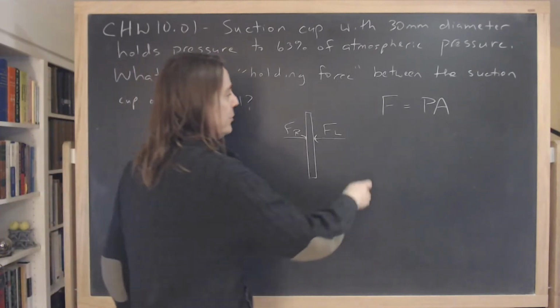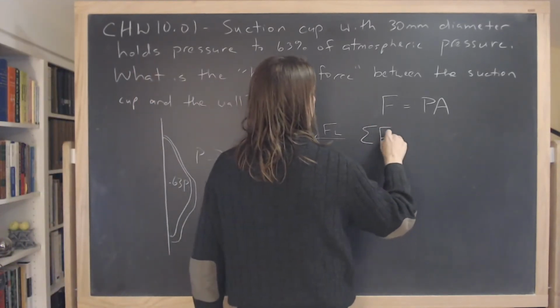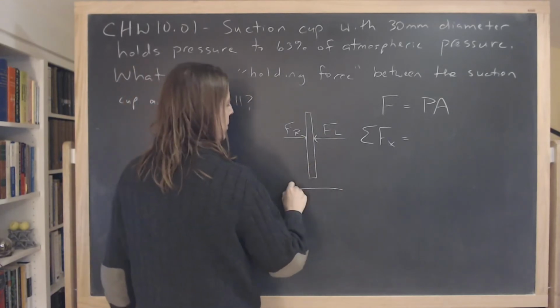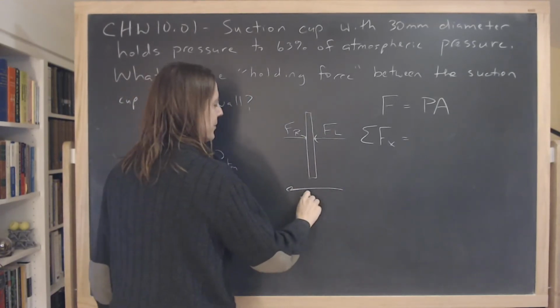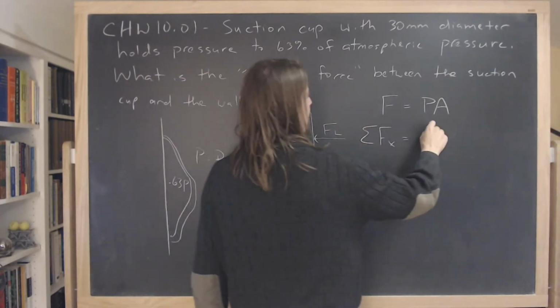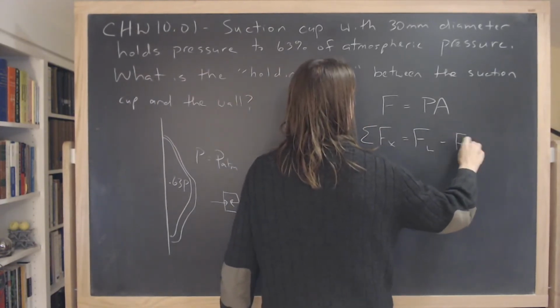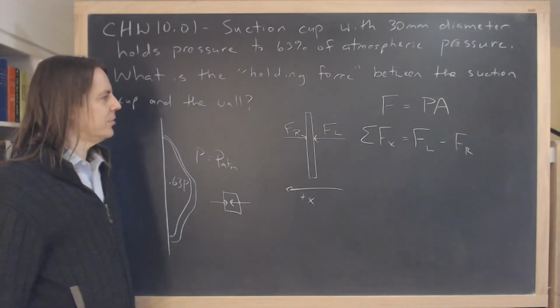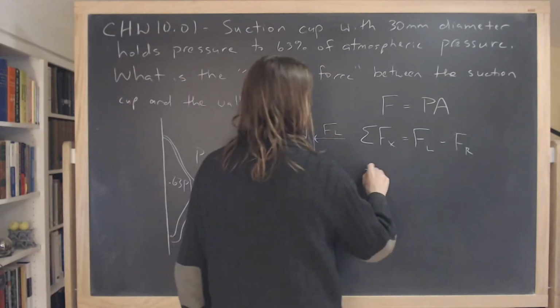So really then, if we just wanted to say sum of the forces in the x in this case, and we'll call this the positive x direction, then we have the force left minus the force right, where I'm using positive and negative signs rather than vectors. So we say, okay, what's the force on the left?